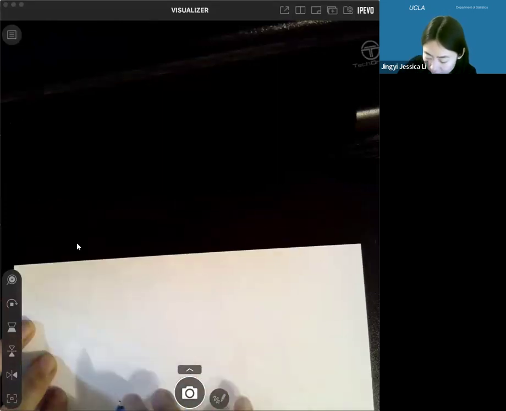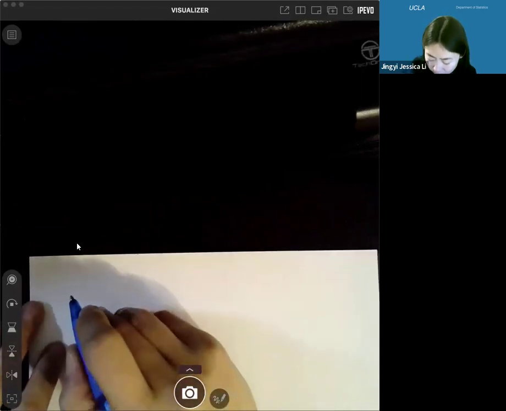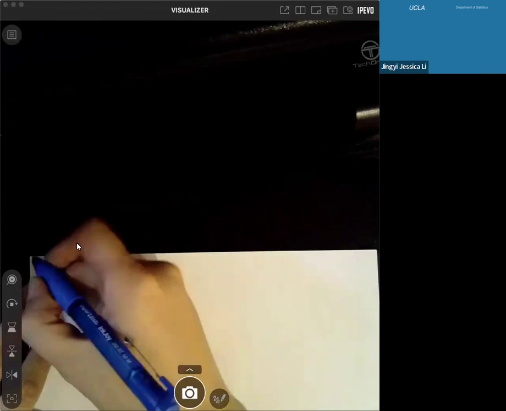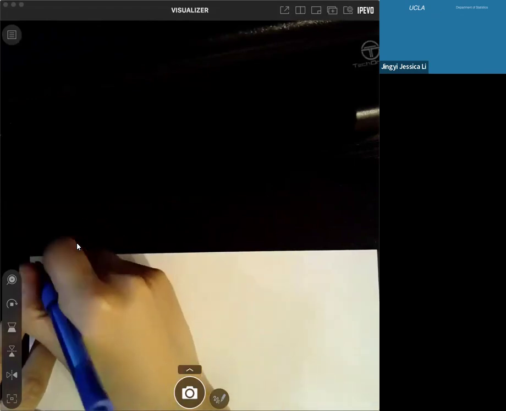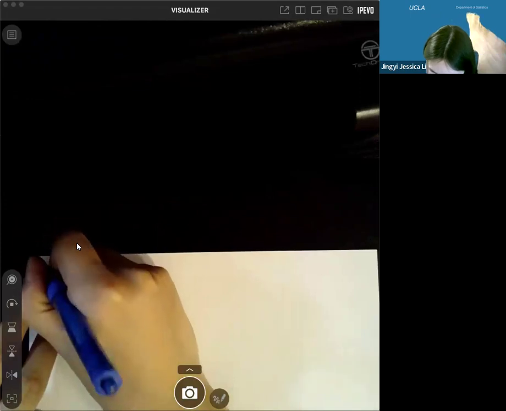So specifically, I would say there are three different ideas for this generalized linear model. Let's say we have this, let me just write it again.